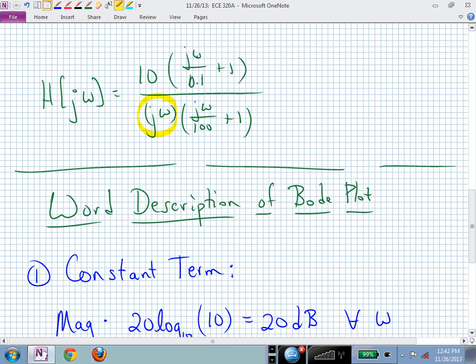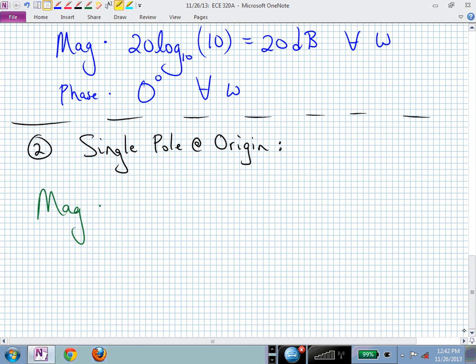This one then, if we wanted to describe the magnitude, I would say it's a straight line. And that straight line has a slope, and it's only one, and it's a pole. So we know each factor gives us 20 dB per decade, but since it's a pole, it's negative.